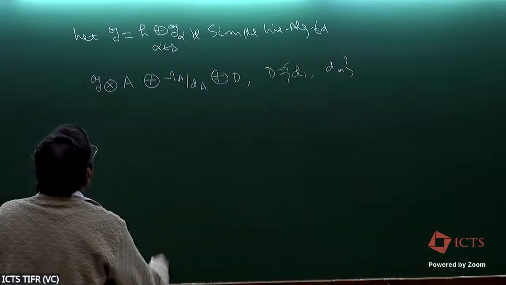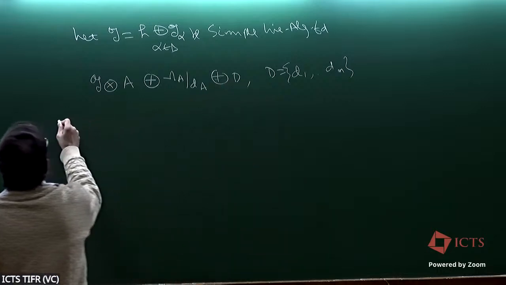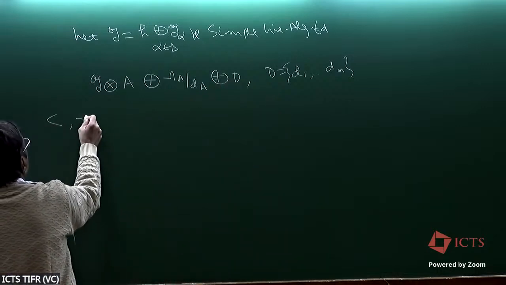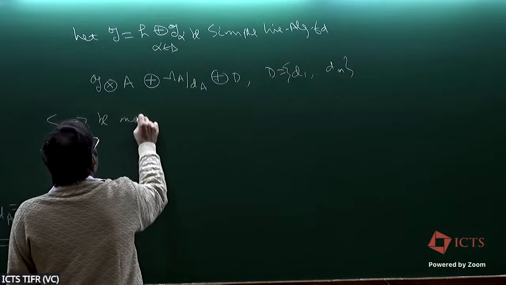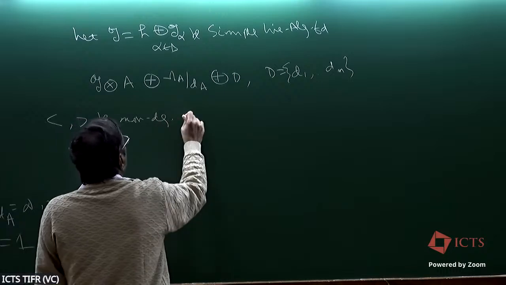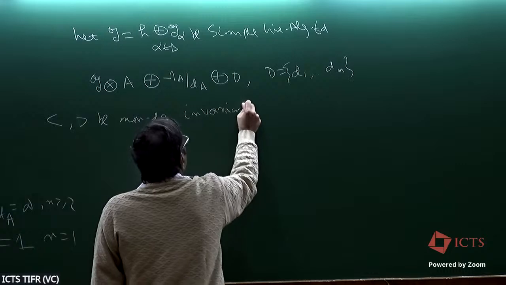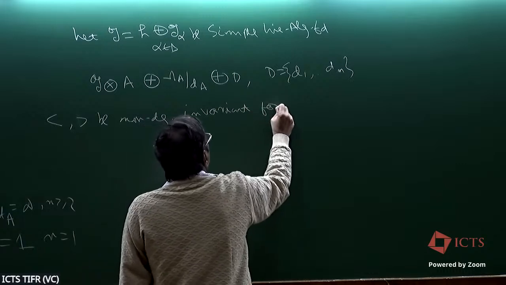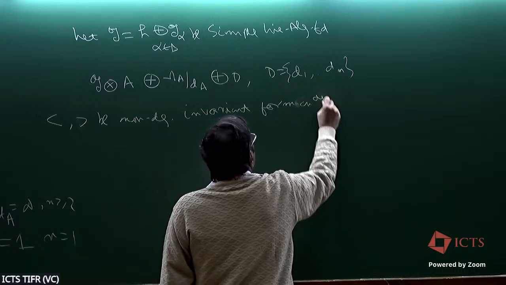You will see why it's a Lie algebra. Let B be a non-degenerate invariant form on g.